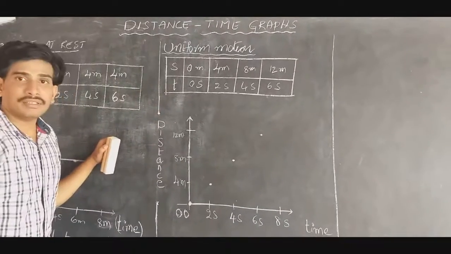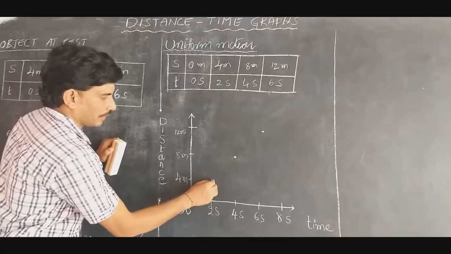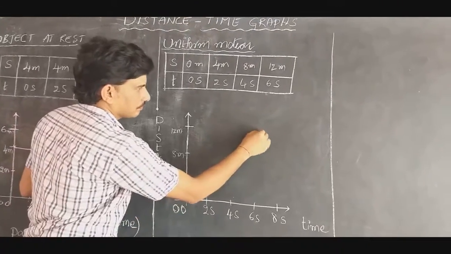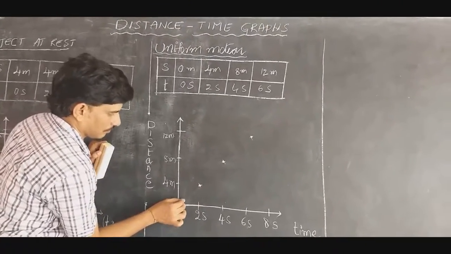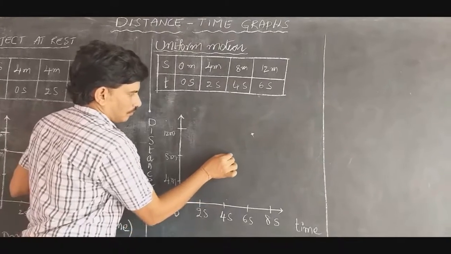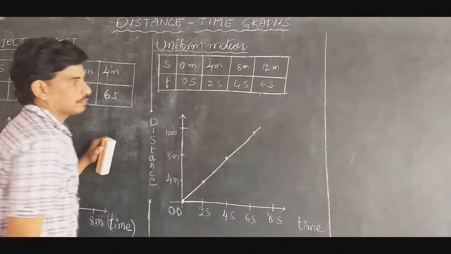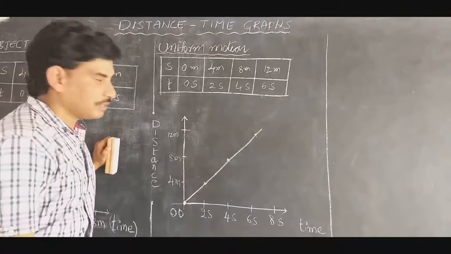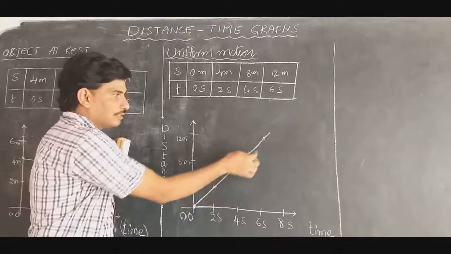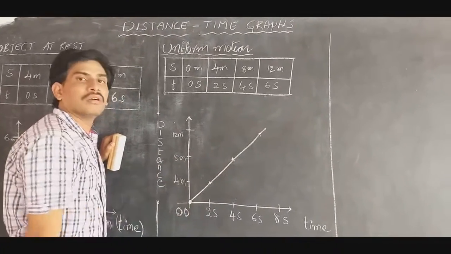So, if you join these points, what type of graph is it? It's a straight line, and passing through the origin.